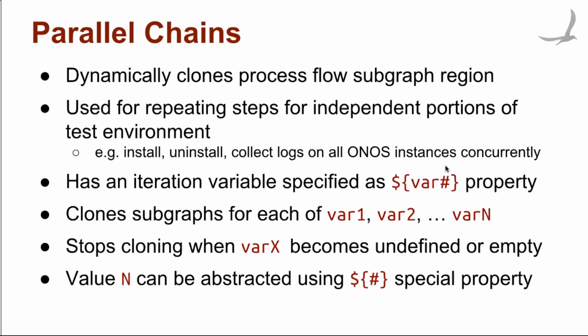If somewhere in a scenario we define ${OC#}, that is a signal that this block should be expanded, as long as you can increment OCX. The minute we hit an OCX that is not defined, we stop the iteration. That should be contiguous. That basically will clone the subgraph.